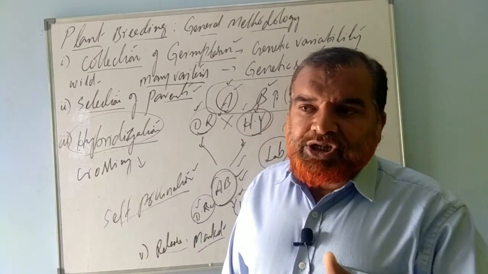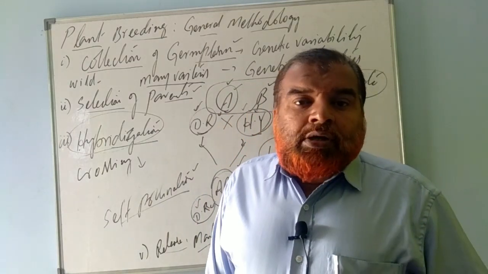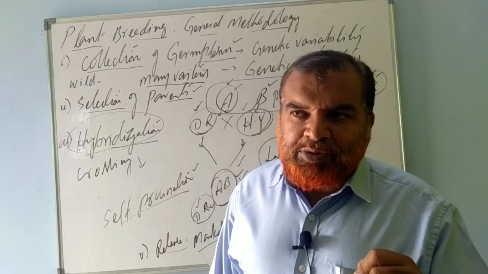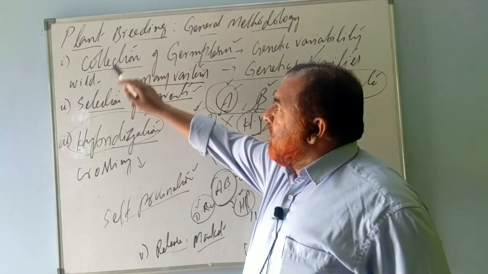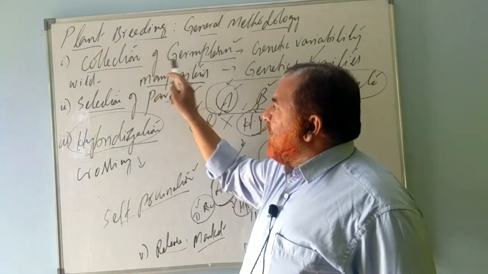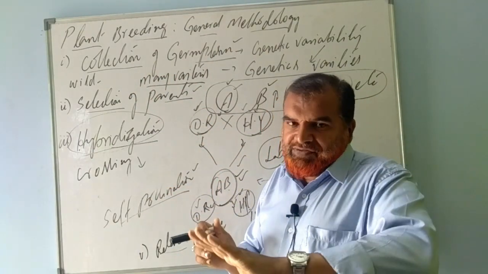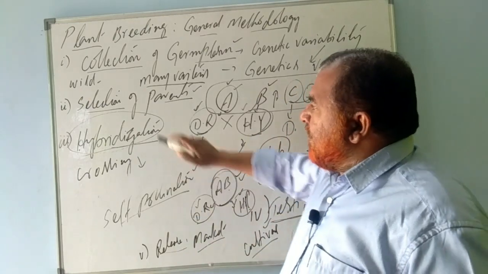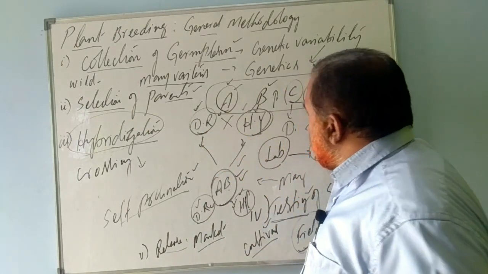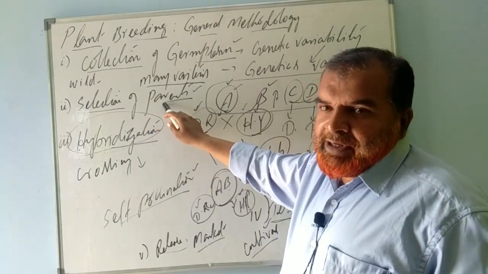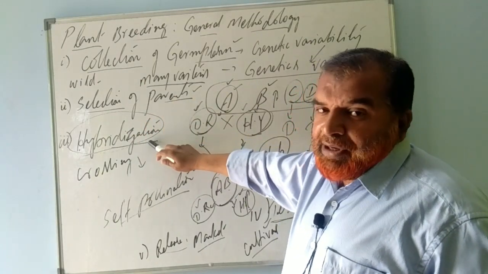So in this topic we have covered the general procedure of hybridization, that is, plant breeding. First, collection of germplasm, where we collect many different varieties of the same species. Then, among many characteristics, you select the two characteristics, that is the selection of parents, and after that you go for hybridization.